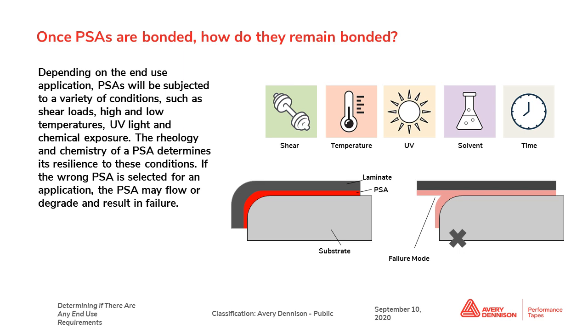And the main reason why adhesives are going to remain bonded go back to that rheology and, of course, the surface energetics, but then also the chemistry. So in terms of rheology, if you're at higher temperatures, the adhesives are going to tend to flow more. And if you have stress on that adhesive and it flows too much, it's going to fail. And then also if you choose the wrong chemistry, you might have some degradation that occurs under UV light or some type of solvent immersion.